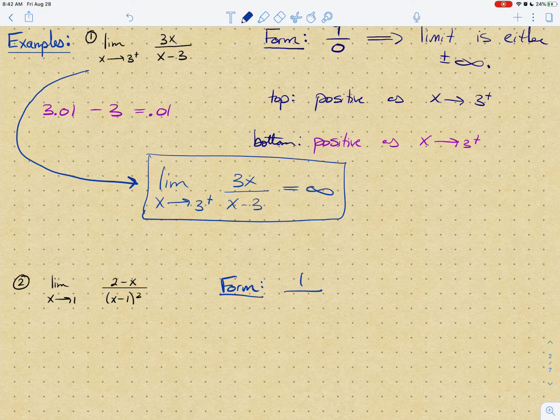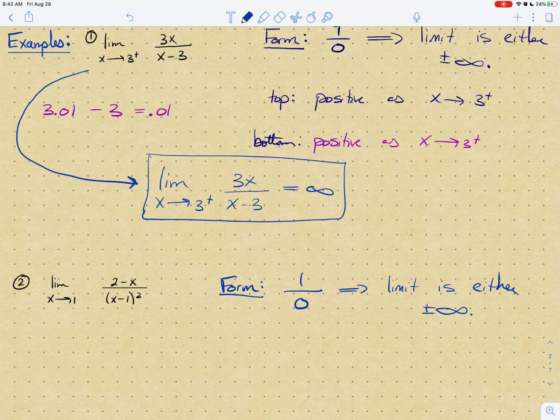So the form is 1 over, and now you can see as x goes to 1, the bottom is going to 0. So the form is 1 over 0, and immediately you know that the limit is either plus or minus infinity.